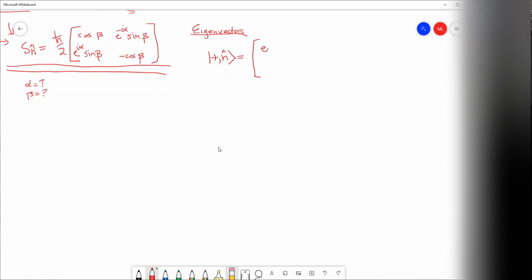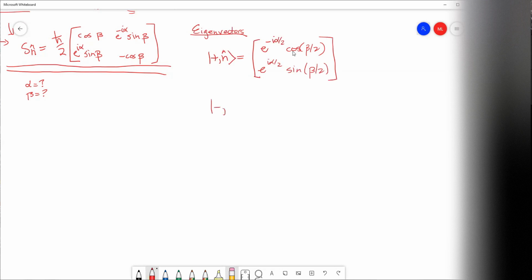They're e to the minus i alpha over 2 times cosine beta over 2, and then e to the i alpha over 2 times sine beta over 2.